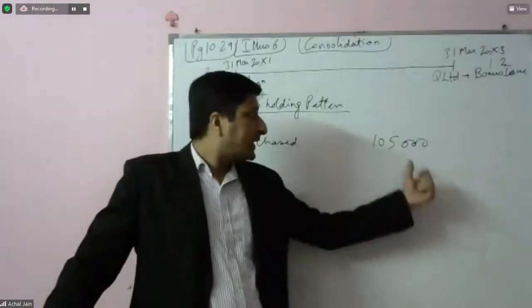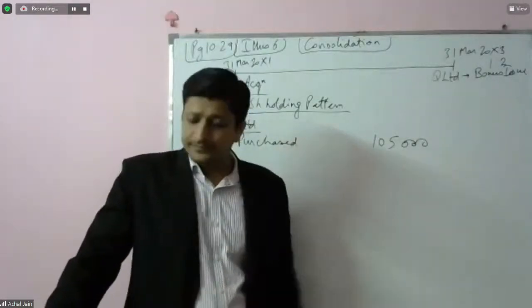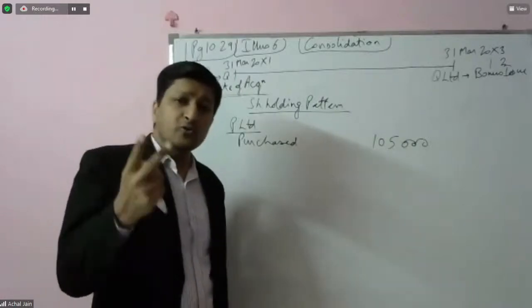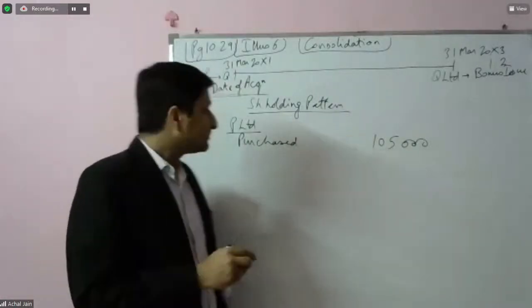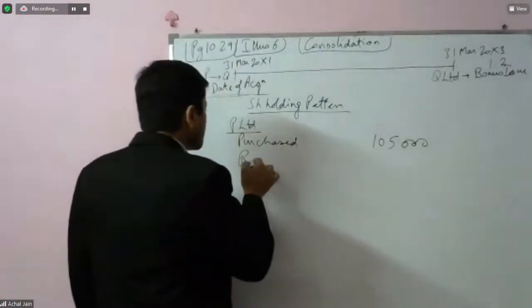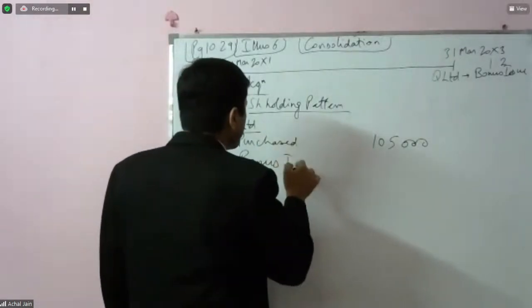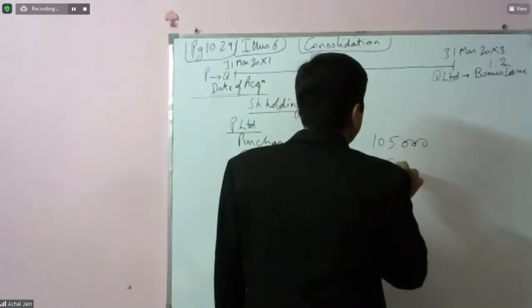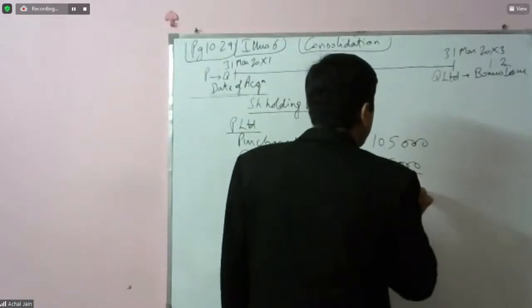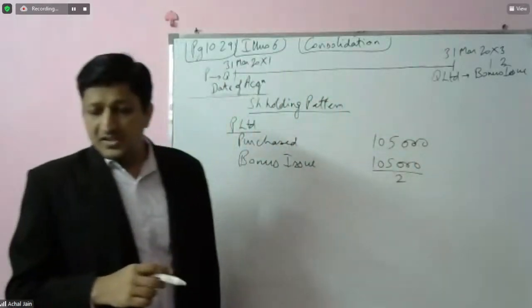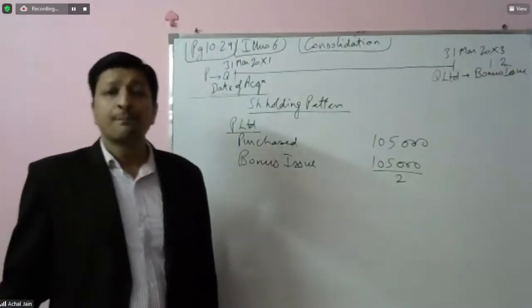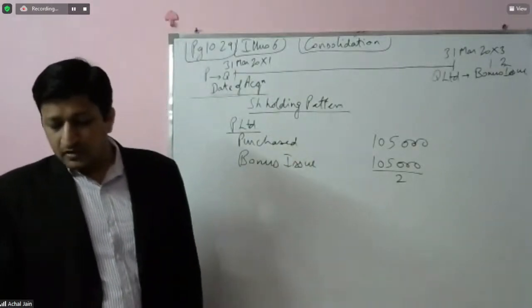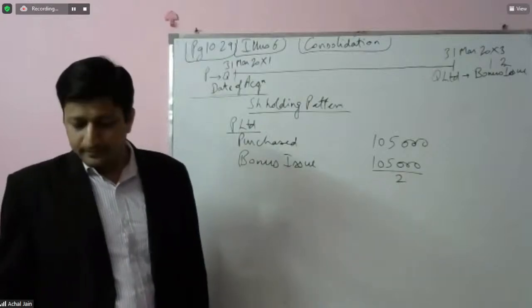Now P must be holding these many shares, correct? For every 2 shares, 1 share will be issued to P. So the bonus issue for P will be 1,05,000 divided by 2. These are the number of shares for P.